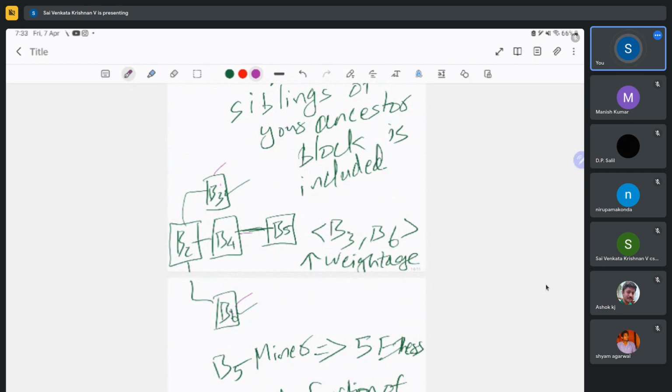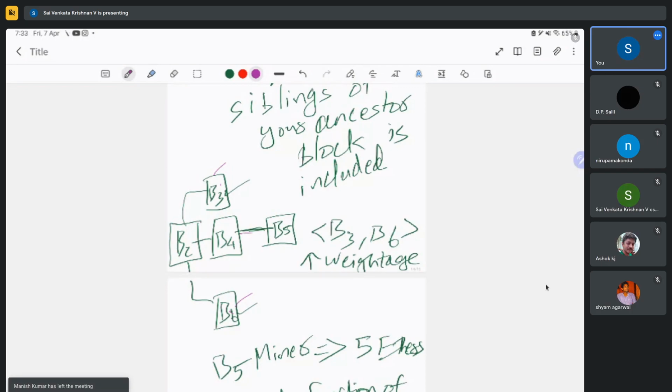One reason is they need not include any transactions within their blocks. The transactions can be invalid transactions also, but your block header alone should be valid. That's it, right? Because anyway, my transactions in B3 and B6 won't be counted, and only B2, B4, the longest chain in this structure, would be counted as valid transactions.